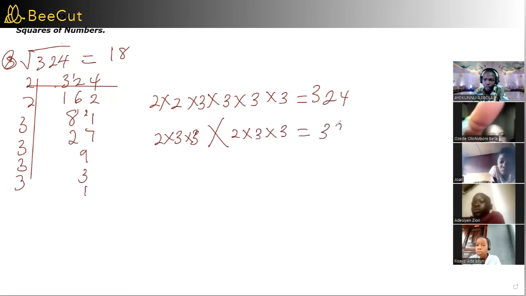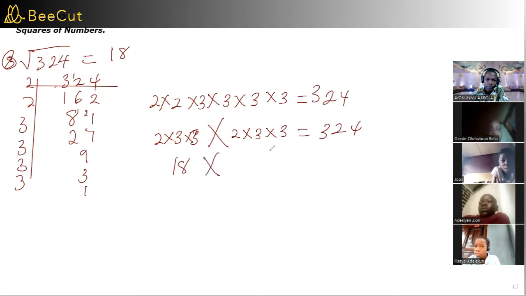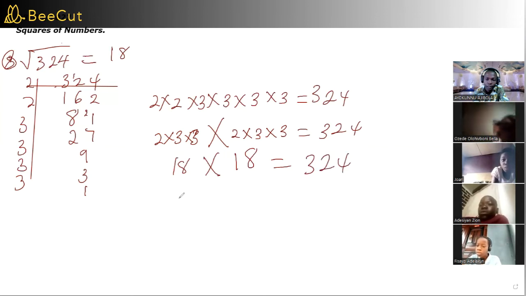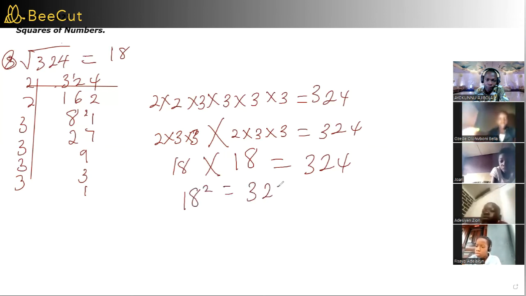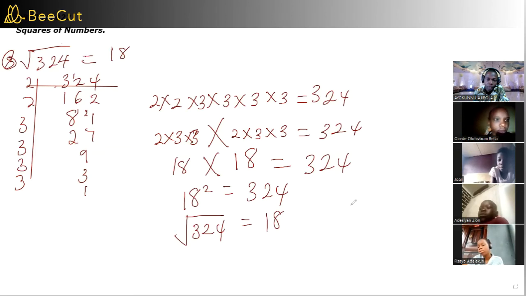That is 324. Then I have 2 times 3 times 3 here. That is 2 times 3 is 6, and 6 times 3 is 18. Then also on this side I have 18, and that would be 324. And 18 squared now gives us 324. So which means root 324 equals 18. I believe that should be clear to every one of you.